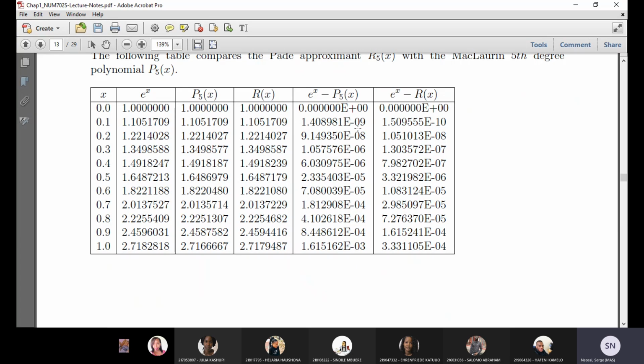Now, if you look at the table, at these two columns, this one and this one, and look at the various results, you see that this one gives you a better result, right?